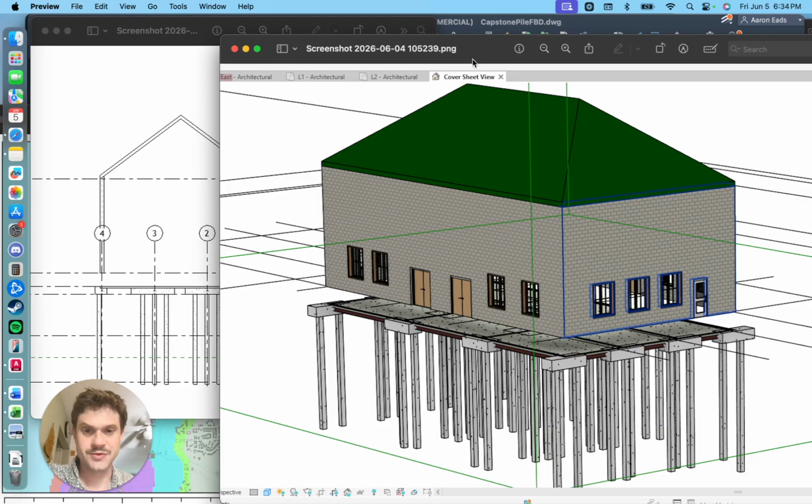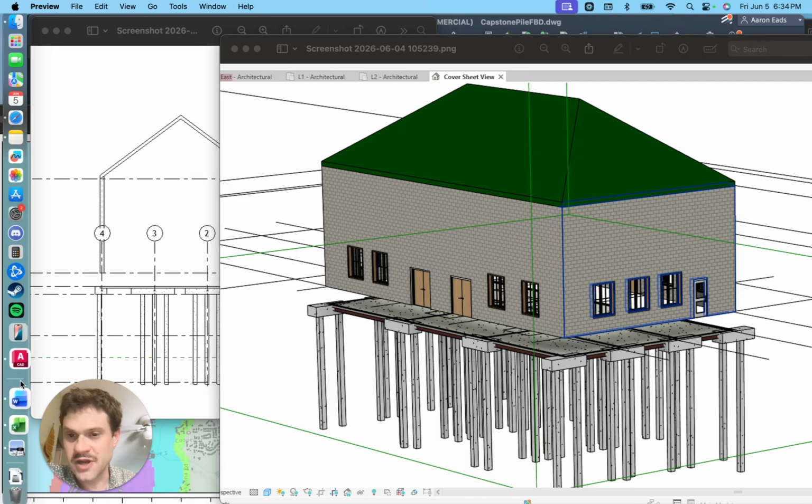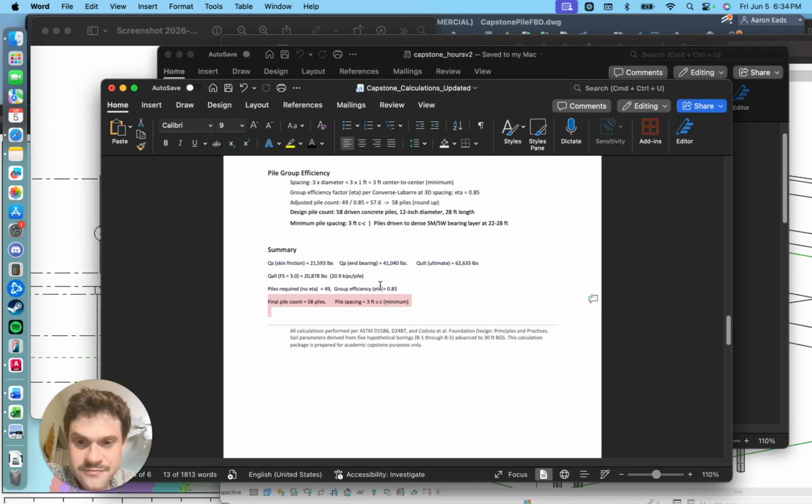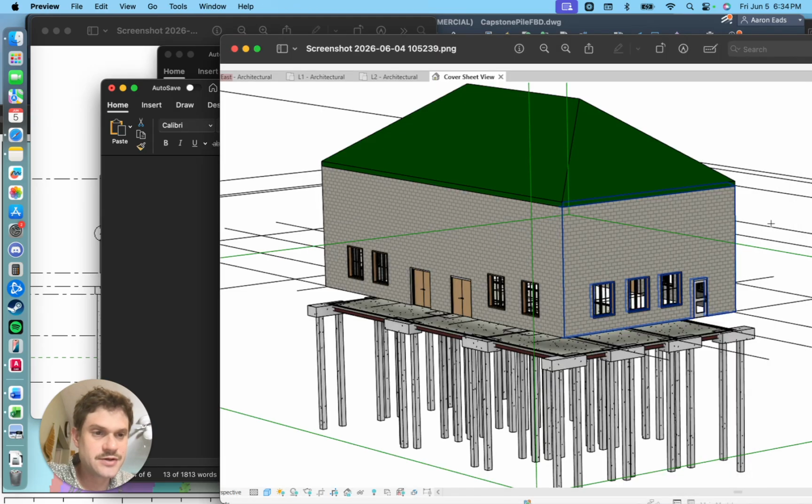That was the whole idea behind the project. So this is highlighting that, showing a 3D representation of the depth and the different piles. My calculation was 58 piles. I think it's 56 that I actually ended up with. But you have a whole analysis here with those.